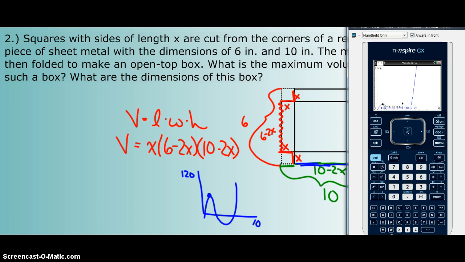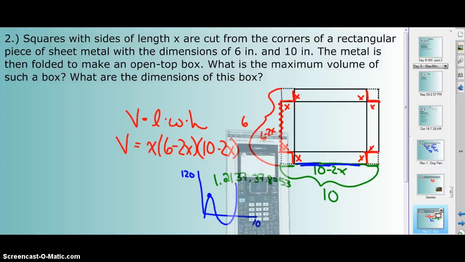And we have a maximum at the point 1.2137, comma 37.8353.